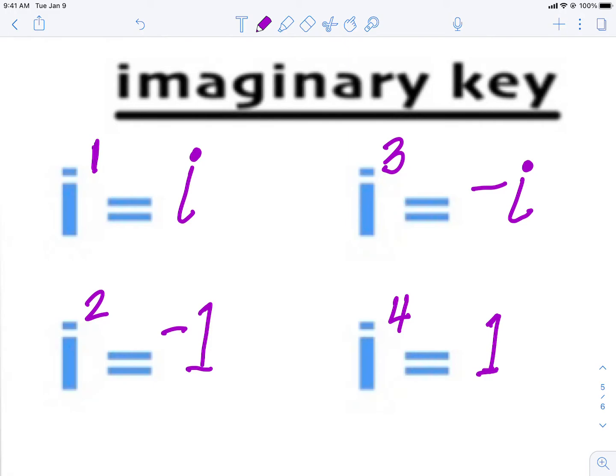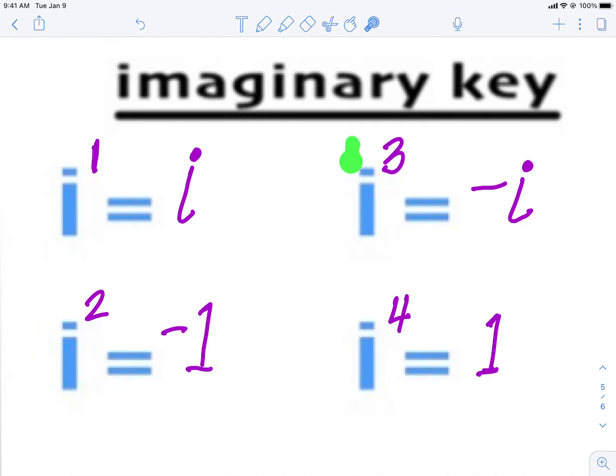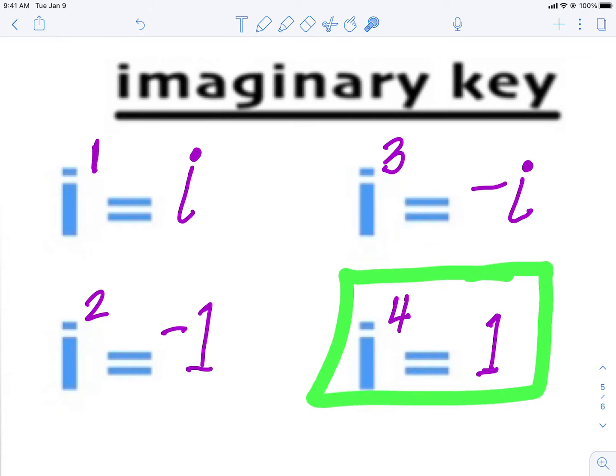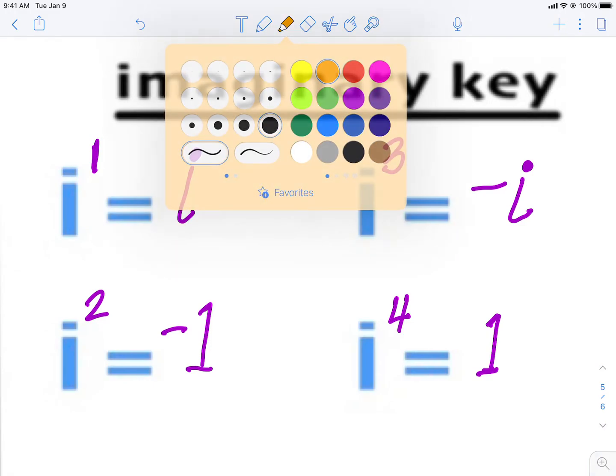Okay? These are the i's that we're going to use to do all the work with imaginary numbers. This is our key. I to the power of 1 is I. I to the power of 2 is negative 1. I to the power of 3 is negative I. And I to the power of 4 is 1. Now I want to highlight this one here.